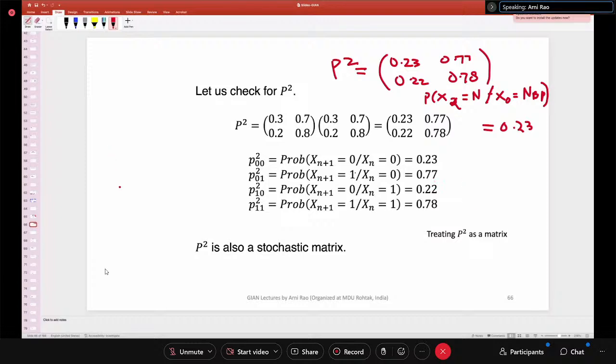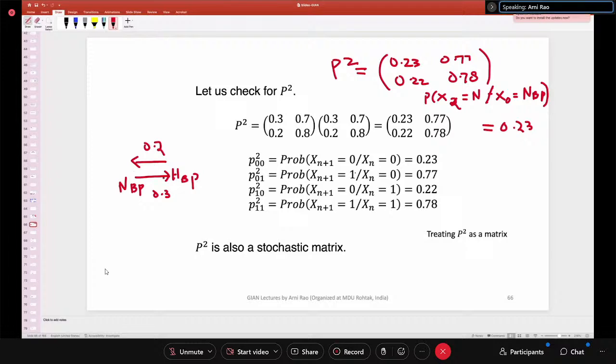Let me write the diagram here. We'll also learn how to draw diagrams: normal blood pressure and high blood pressure, 2 states. So normal to high, high to normal. Normal to high, the probability in one step is 0.3. And high to normal is 0.2.